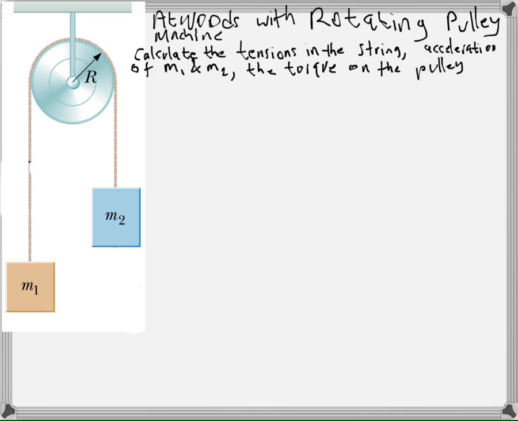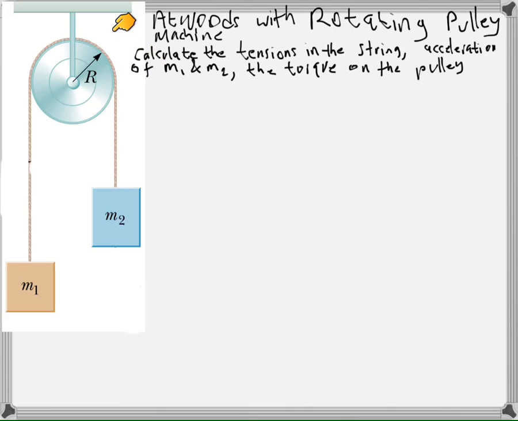Let's continue with this Atwood's machine. It's the elevator problem. If you remember, we have dealt with this problem in chapter 6, but at that time the problem was not thinking about the motion of the pulley, and the pulley was fixed.